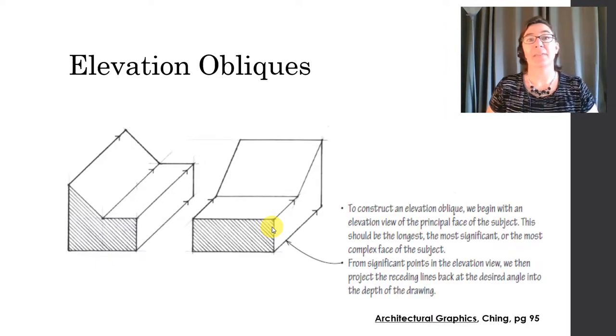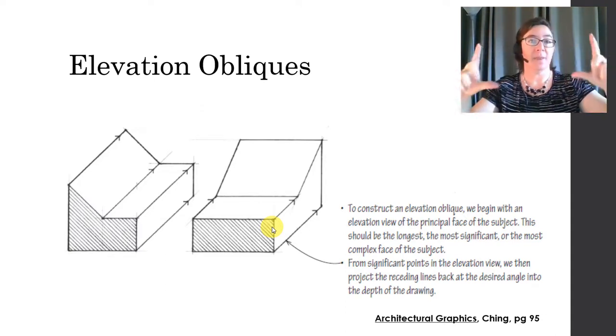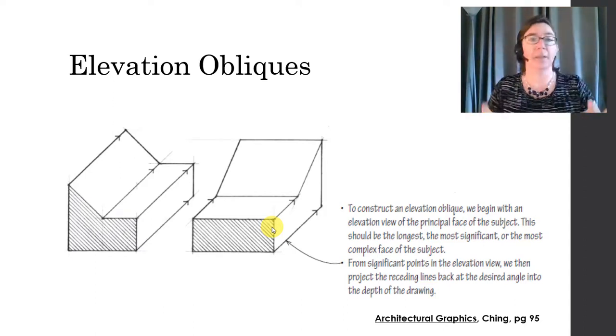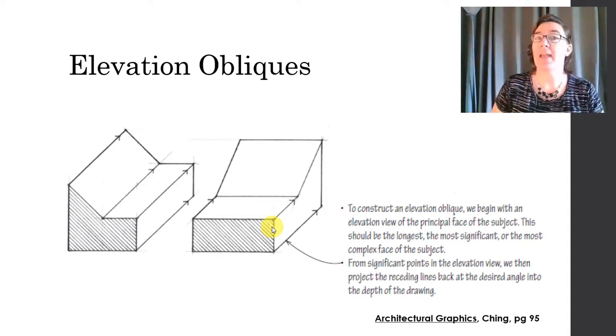Let's talk about elevation obliques next. You're going to begin with an elevation view, which is a side view of the principal face of your subject. The longest, the most significant, the most complex.